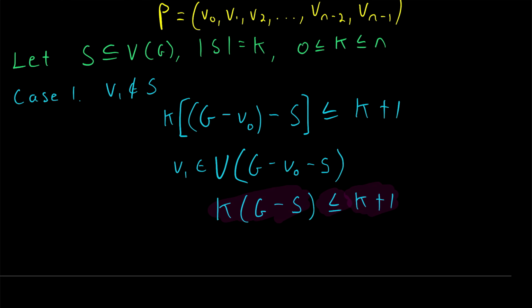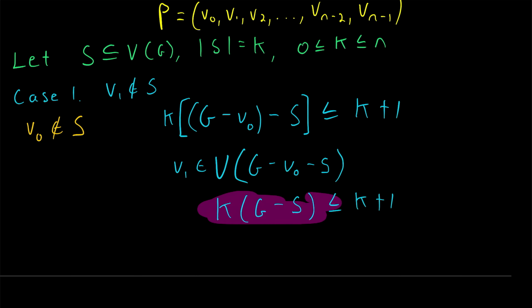And notice that we basically just went over two subcases of this case. The first subcase is where V0 is not an element of S, in which case we know this inequality is true because V0 will be in the same component as V1.